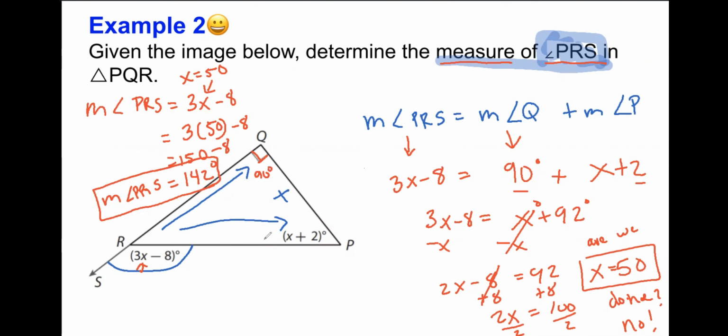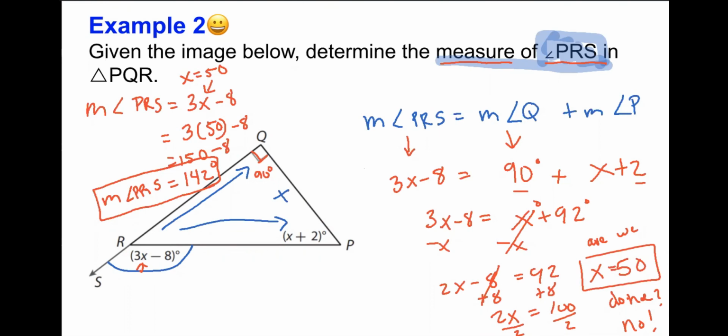So if you need to draw those arrows, do so and you can see the remote angles. Once you have the value of x, you can go back and substitute it into the expression to which your angle is equal, and find the measurement of the angle that you're trying to find.